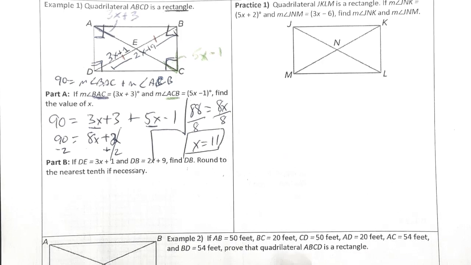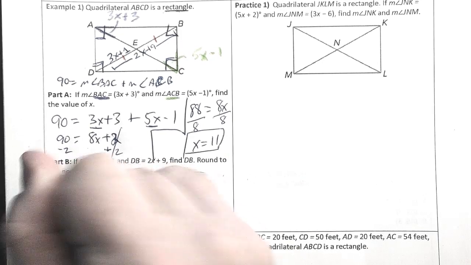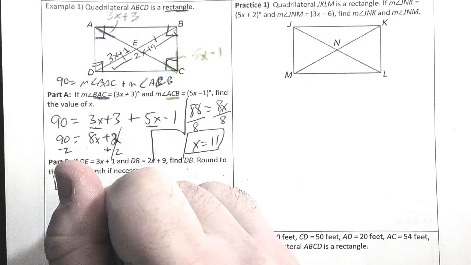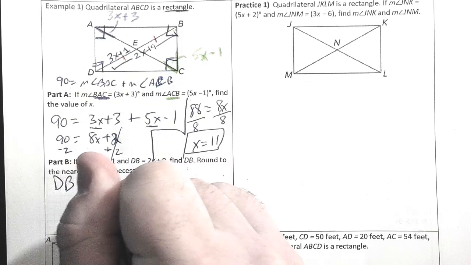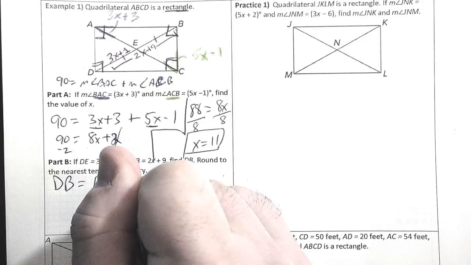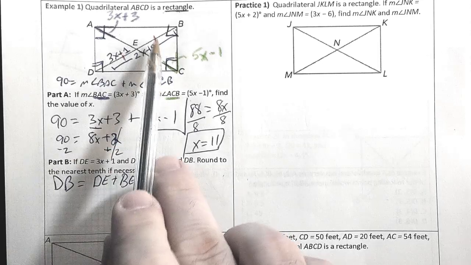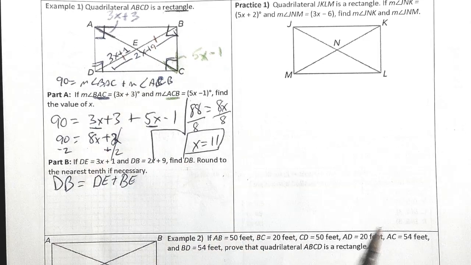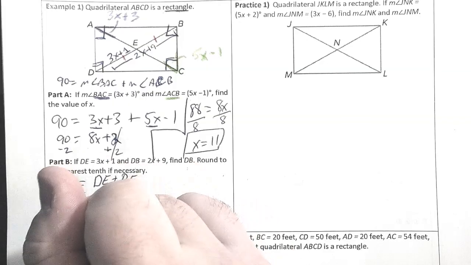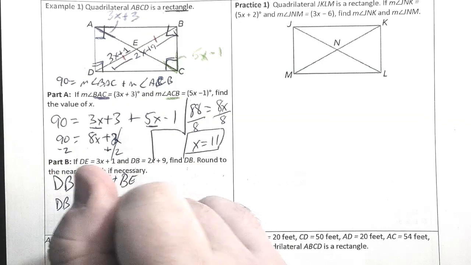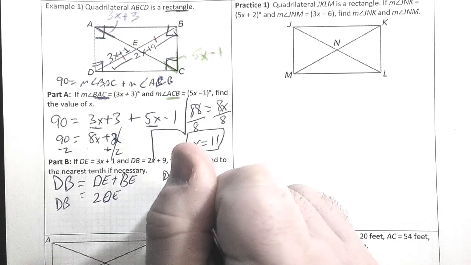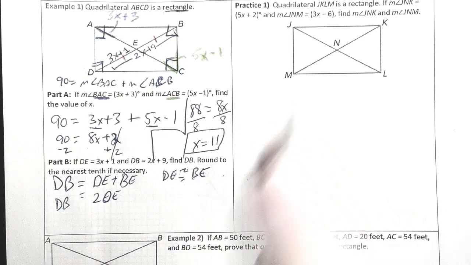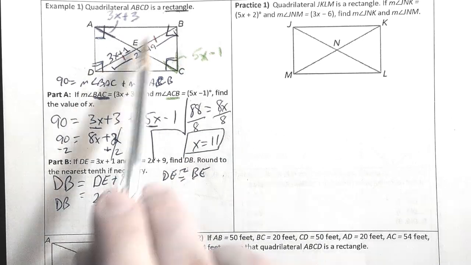So DB, the whole diagonal, equals DE plus BE. You might say we don't have BE, but it's the same as DB equals 2 times DE, because DE and BE are congruent since the diagonal is bisected.